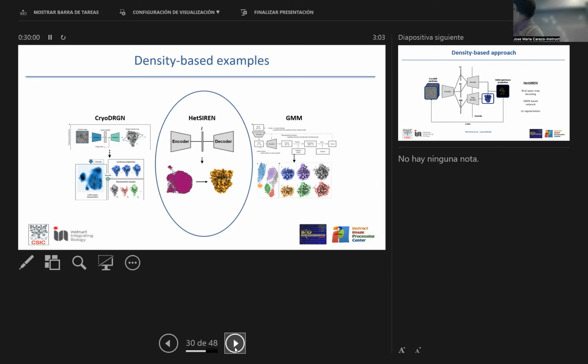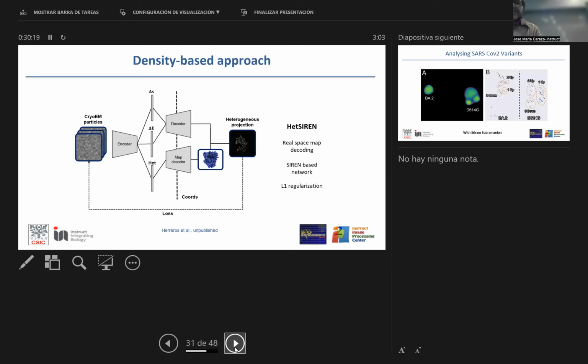The first approach there, I have to acknowledge, is CryoDRGN, from Ellen Zhong, MIT, now Princeton, and Gaussian mixture models from Steve Ludtke. And we are there with HetZiRA, which, since it is new and yet unpublished, is sort of complicated.